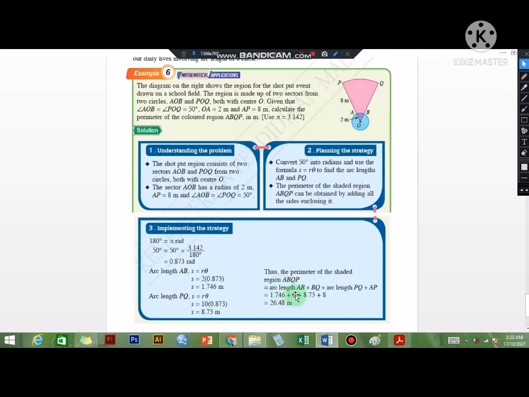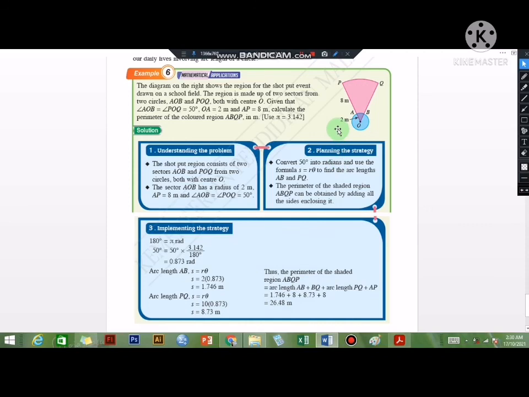The length of arc AB is 1.746, plus 8, which is here, plus the length of arc PQ, 8.73, plus PA, which is 8 meters. You sum up these values and your final answer will be 26.48 meters. That is how you do it.